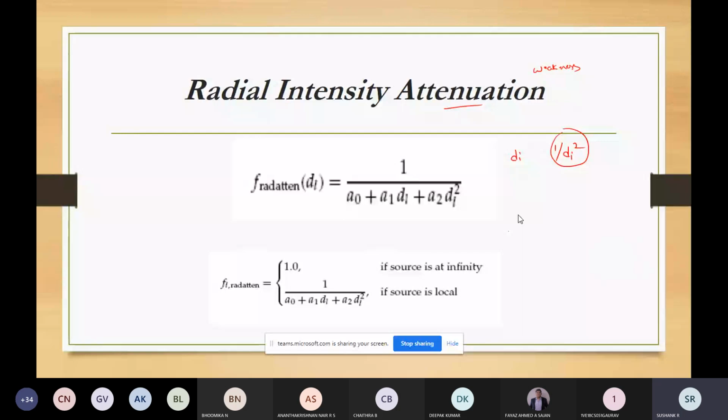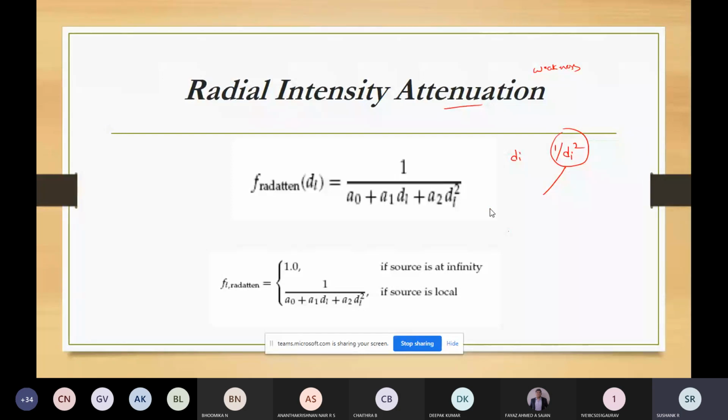This factor 1 by d square will try to produce too much intensity variation for objects that are closer to the light sources.